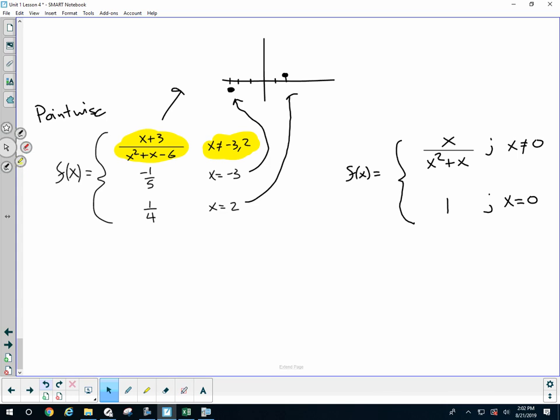All right, well, let's just look at x plus 3 over, let's make this our f star. Let's start simplifying. This is (x plus 3)(x minus 2).